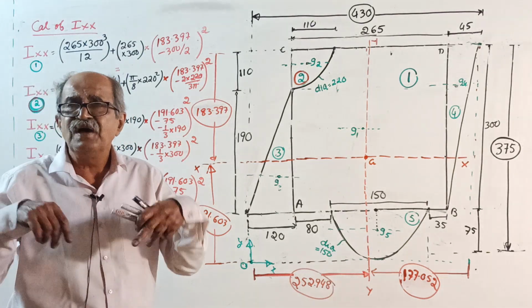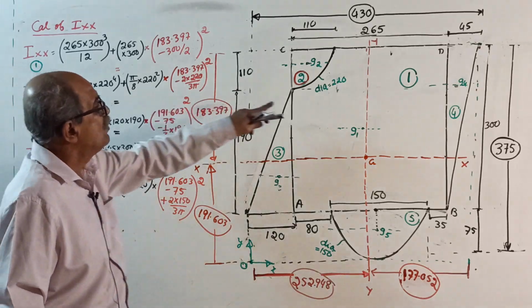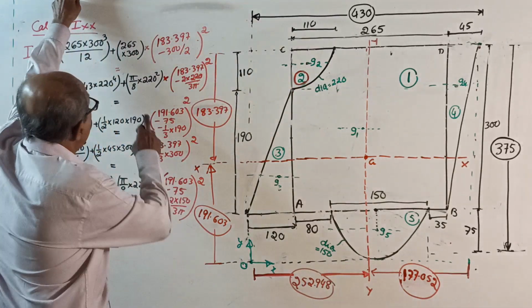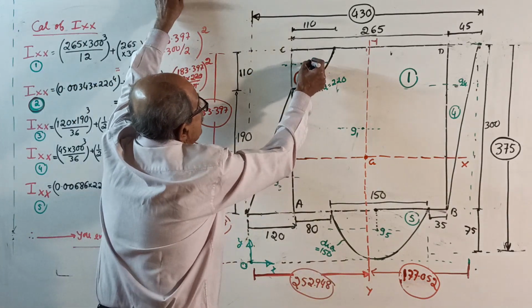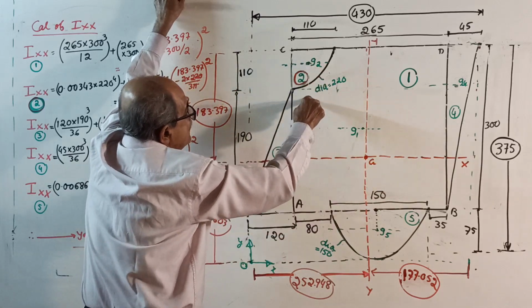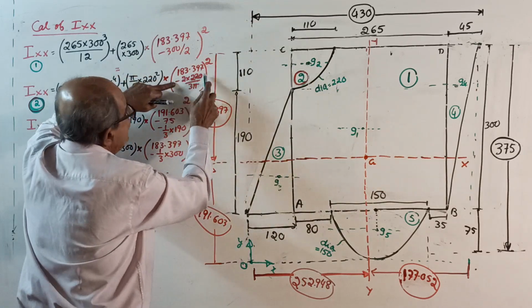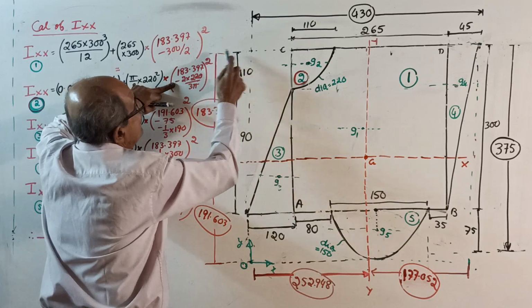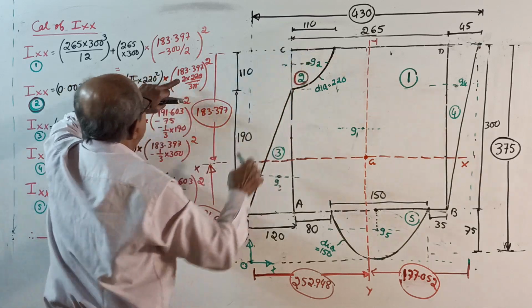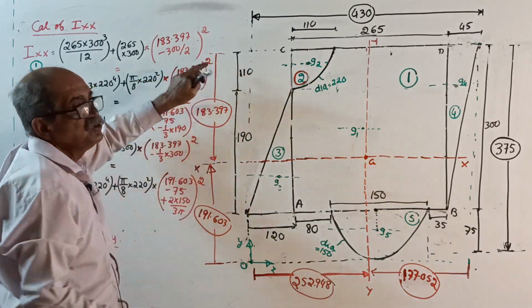For a quadrant, it's half: 0.00343 into diameter power 4 plus area into the distance from centroid G2 to Xx, this distance square. That is 183.397 minus this distance, which is 2 into diameter by 3 pi, everything whole square.